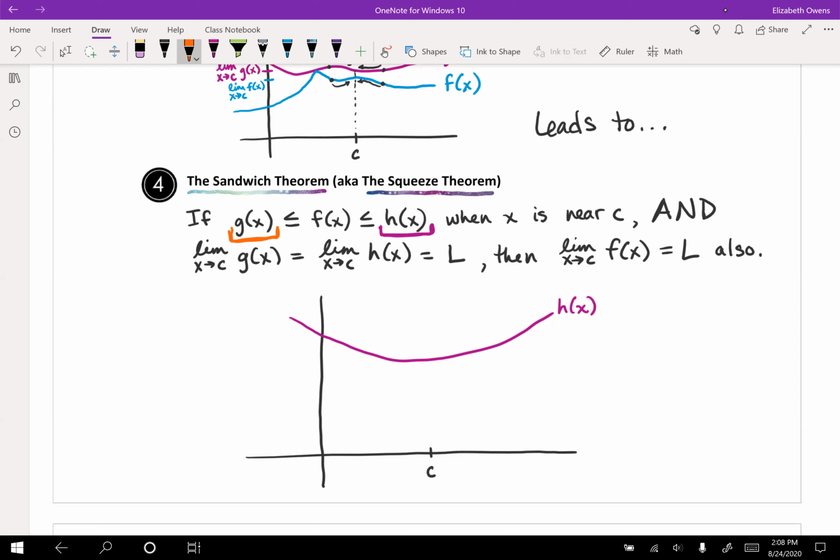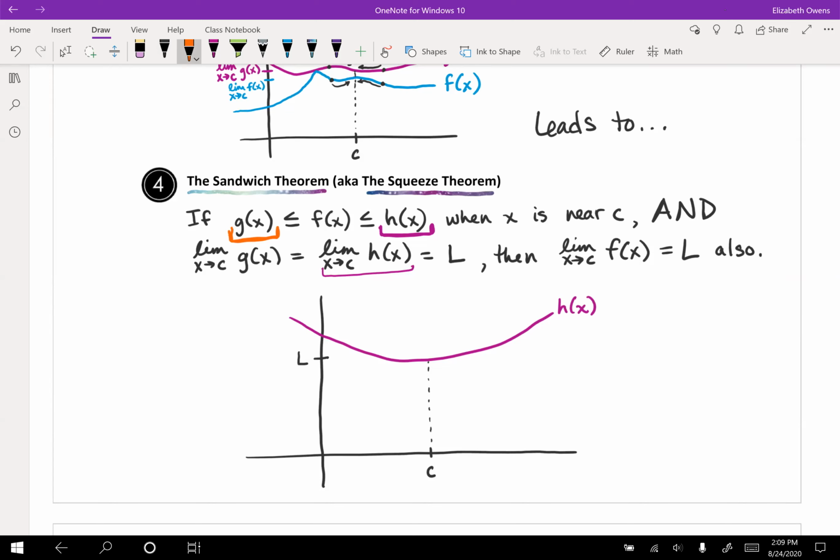But notice that we also have some information about limits here that we haven't put on quite yet. The limit as x approaches c of h of x equals L. So as we're approaching c here on the h of x function, that limit that we're approaching is going to be L. So let me mark that value right here.